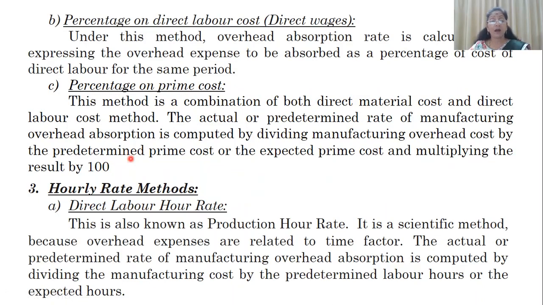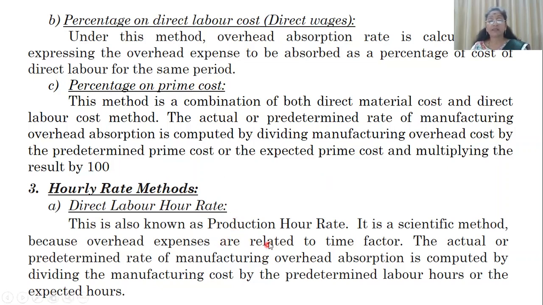First, under the hourly rate method, the direct labor hour rate. This is also known as the production hour rate. It is a scientific method because overhead expenses are related to the time factor.